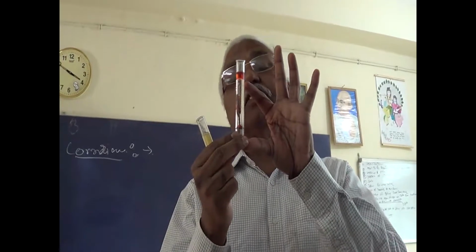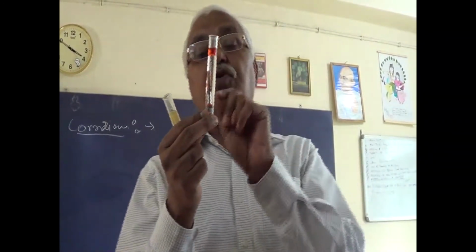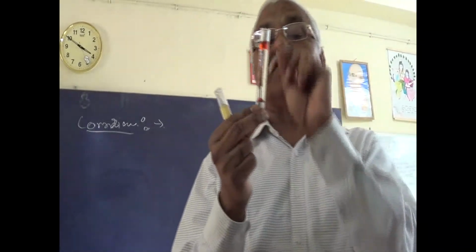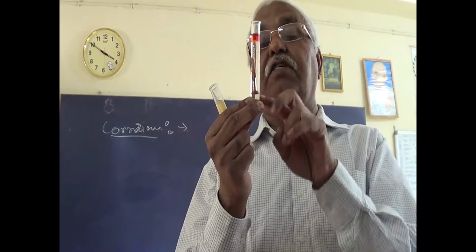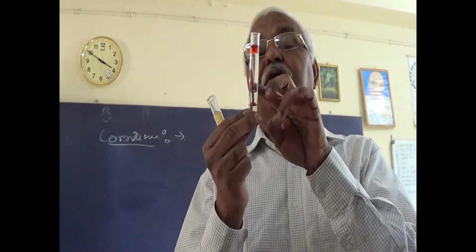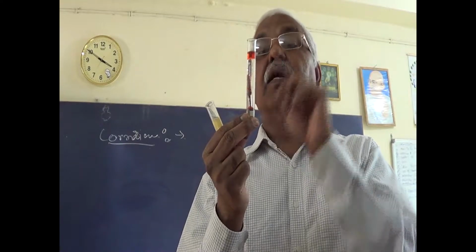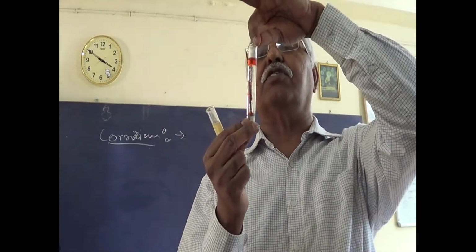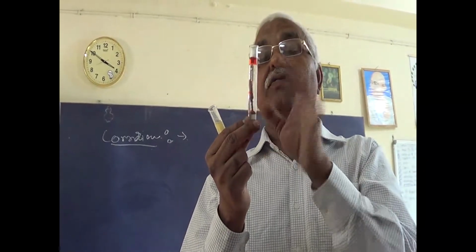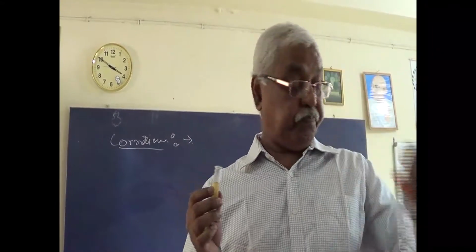The oxygen present in the water may initially corrode the nail, but later on corrosion will stop, because the oxygen present in this water will be used up by the nail. And the oil layer does not allow atmospheric oxygen to enter. Therefore, the nail will be safeguarded.